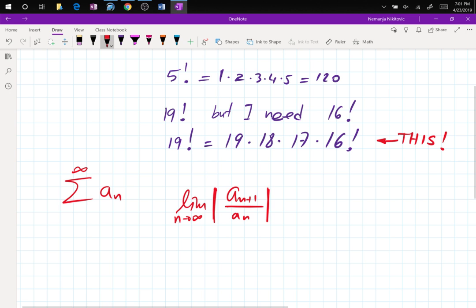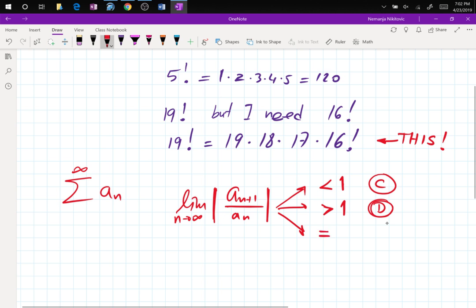Now, this is going to have 3 possibilities for answers. One answer is that this limit is less than 1. If it's less than 1, we are talking about convergence, absolute convergence. If it's more than 1, it's divergence.